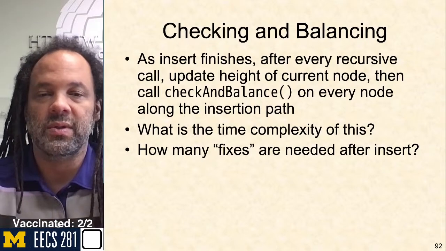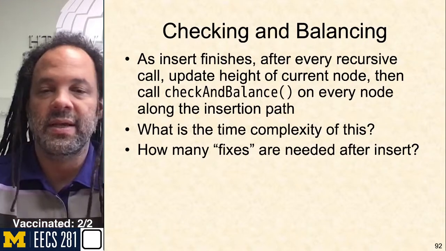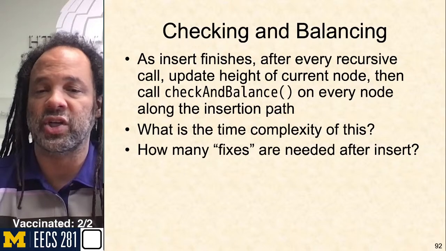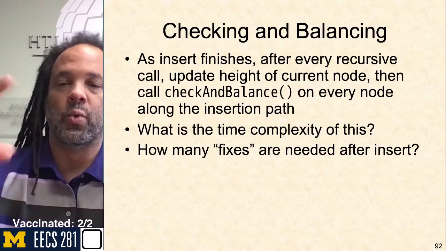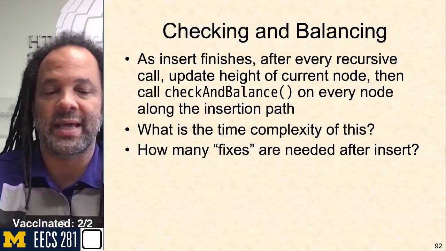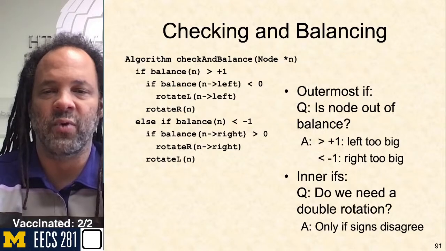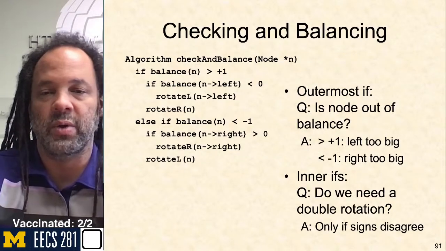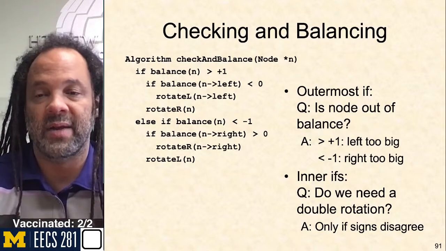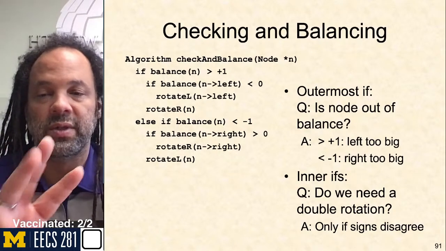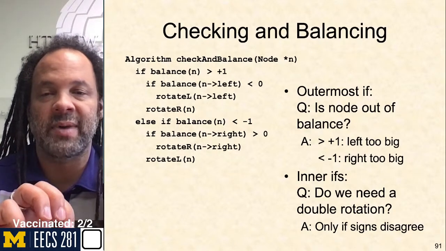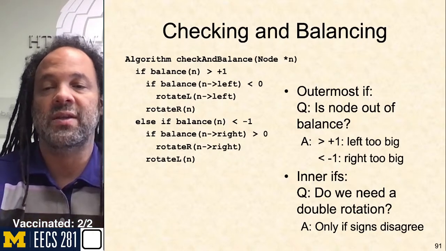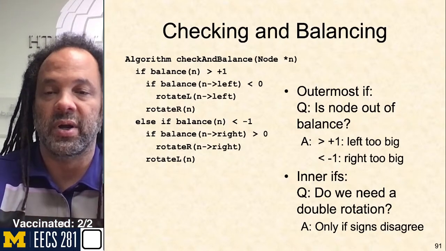That's how it goes. So complexity of this ends up being what? We're already doing the log n insertion, so we're not paying any extra to work our way back doing a check and balance, because that check and balance was a constant amount of work. We're just checking the balance here, checking the balance there, doing a rotate. We said a rotate is a constant amount of work because it just involves 2 nodes and 3 pointers. So there's a constant amount of work that goes into these rotations, even if it's a double rotation. Now it's just 4 nodes and 6 pointers.